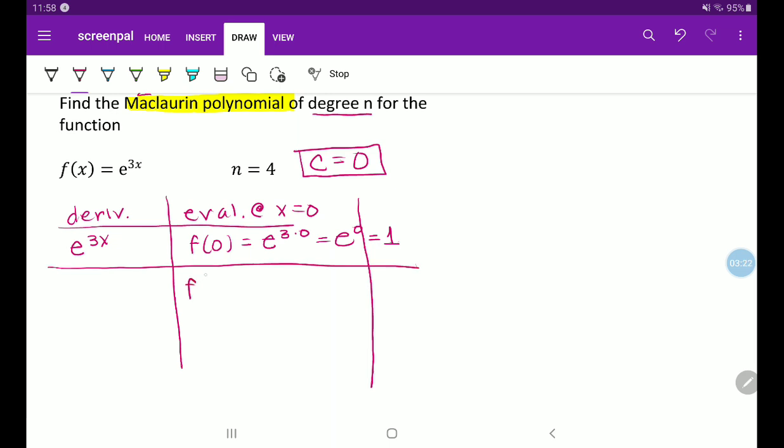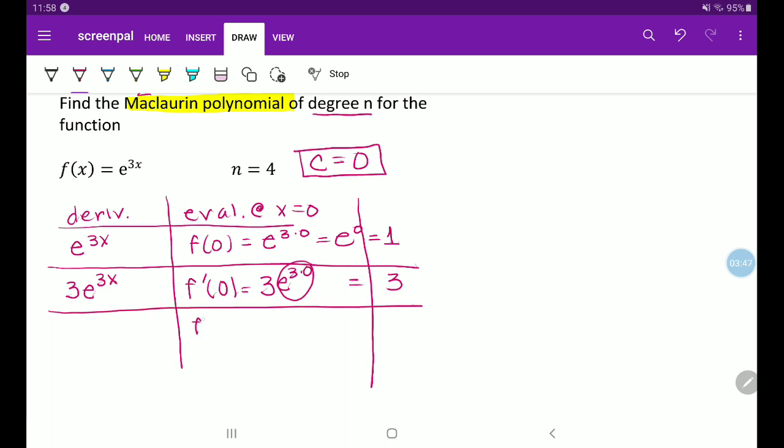Now let's go to f prime. So remember your e to the u, it's u prime e to the u. So I'm going to have 3 e to the 3x. So now when I evaluate that, 3 e to the 3 times 0, we already know this portion is going to give us a 1, so this is going to be equal to 3.